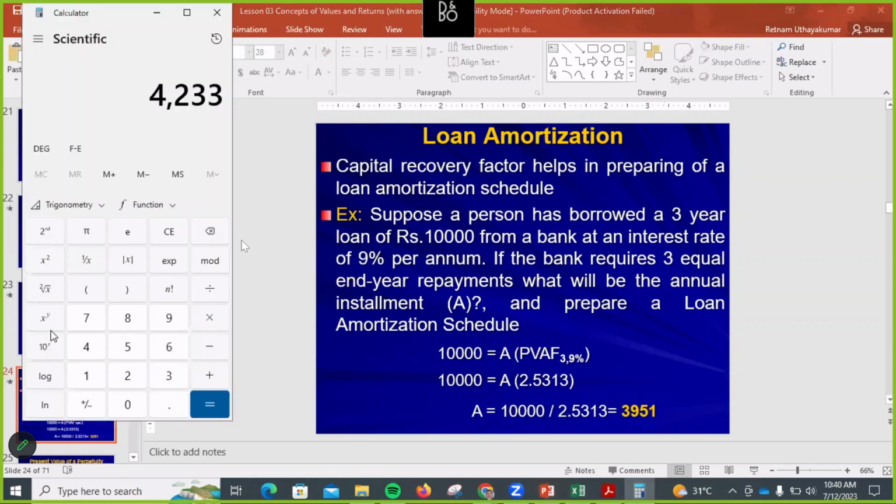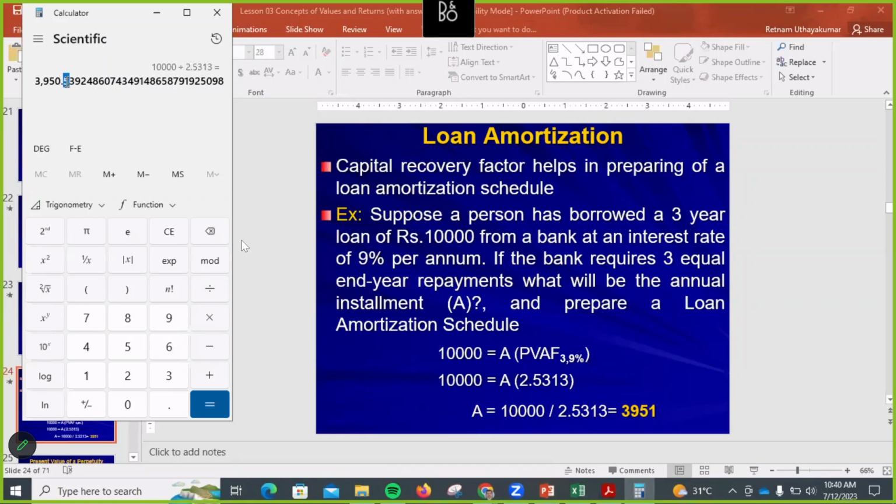So if you divide 10,000 by 2.5313, you can get the result. Yes, 3,951.